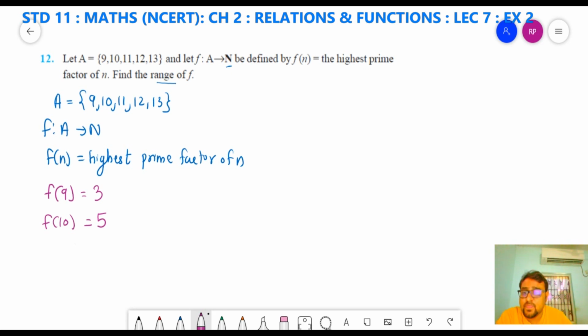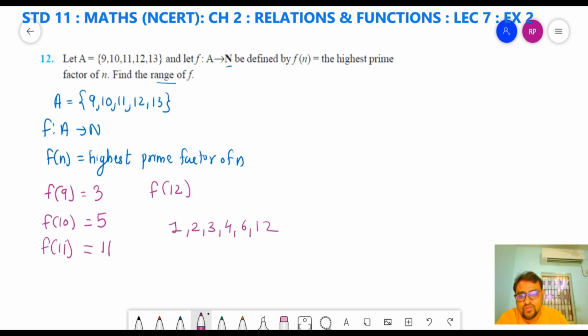Yeah. Next, 11. So what are the factors of 11? Only 2, 1 and 11. And the prime factor, that is only 11. Next, f of 12. So 12 has 1, 2, 3, 4, 6, 12. These are all the factors of 12.